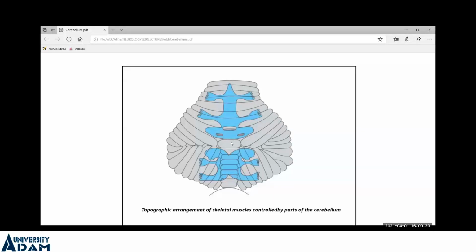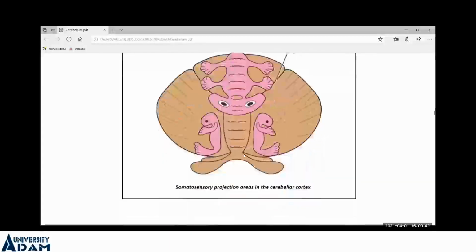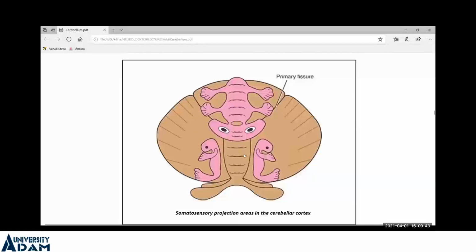Because the cerebellum does not control the fine movements, only body balance and posture, okay? So these are the somatosensory projections, also equal to each other by size, not like in the primary motor cortex homunculus.